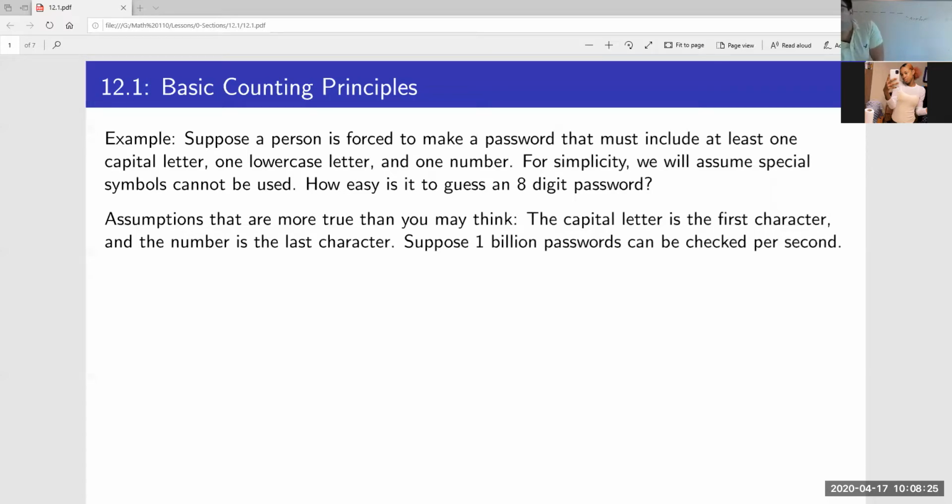So any idea how we might even try to start answering this?